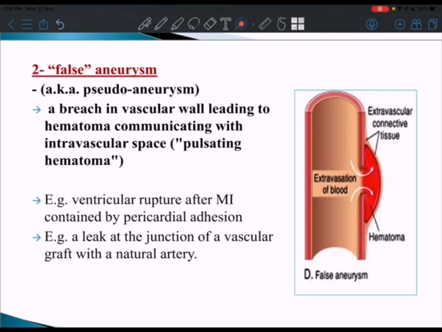It's more sensitive than true aneurysm. It's more what? Sensitive than true aneurysm. More vulnerable to rupture.